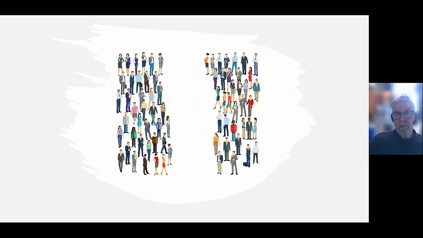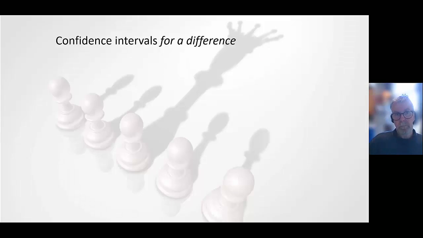Now, many researchers give the size of the measured difference as a single value, i.e. their difference in the mean. And they also give the associated 95% confidence interval for this measured difference.